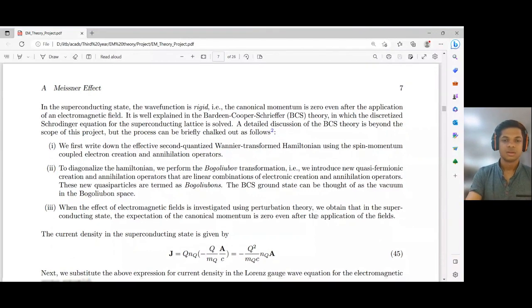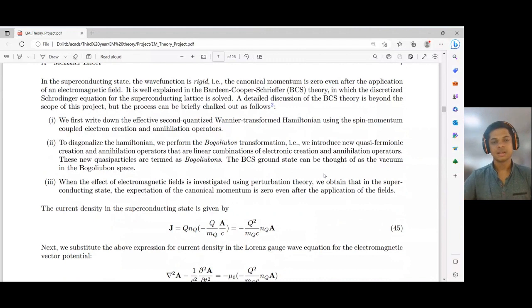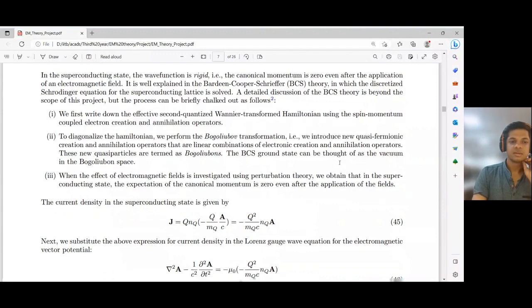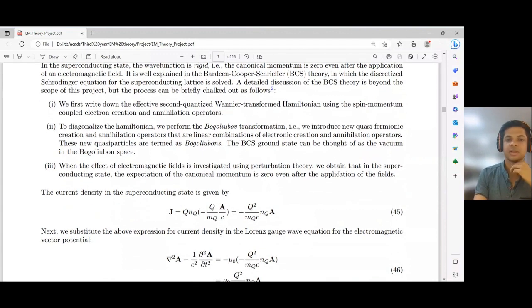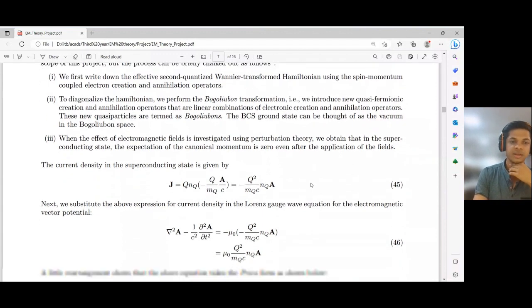Then we apply perturbation theory, and from that, what we get is the expectation value of canonical momentum turns out to be zero naturally. So this is a brief overview of what has to be done in the quantum treatment of superconductivity.